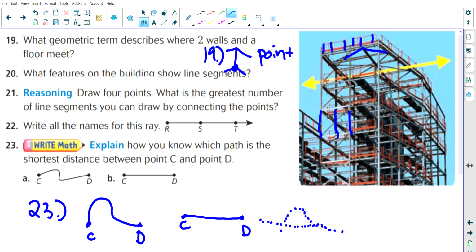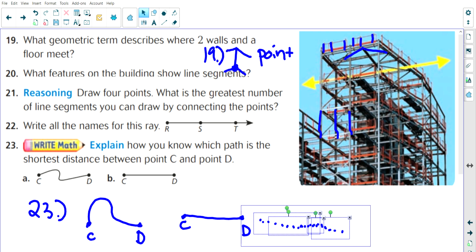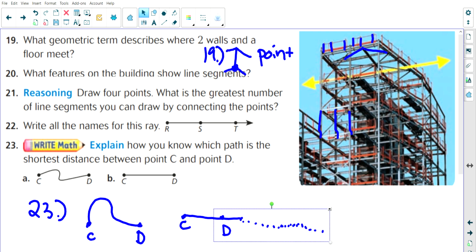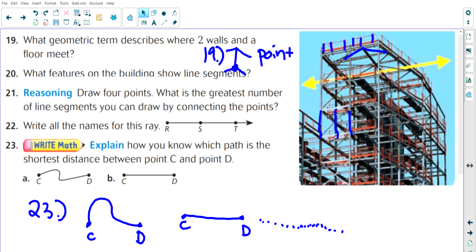So I just straightened out that curved line. And I can see, I messed up some of my dots. If I take this, I got D, I'm sorry, one moment. Redo.